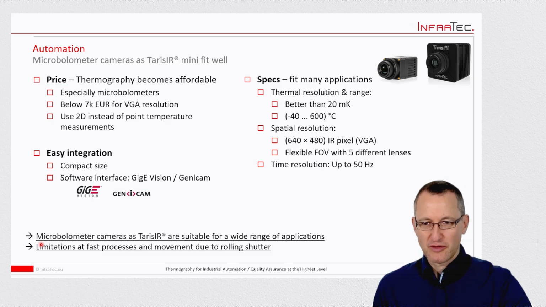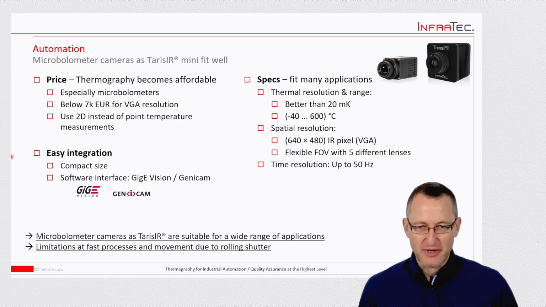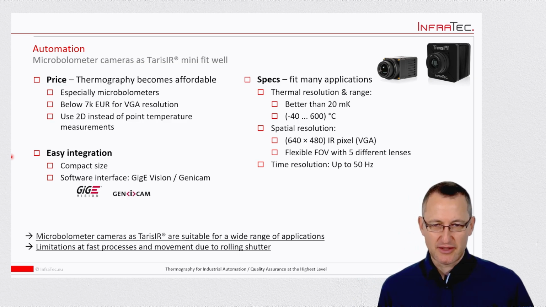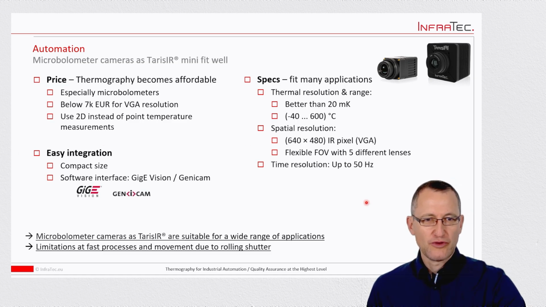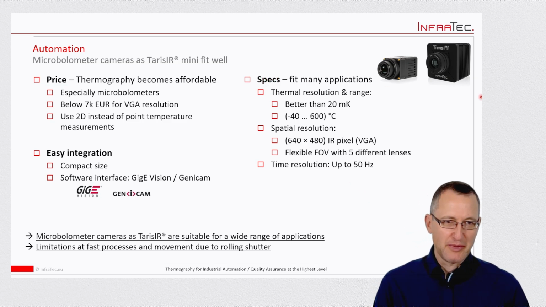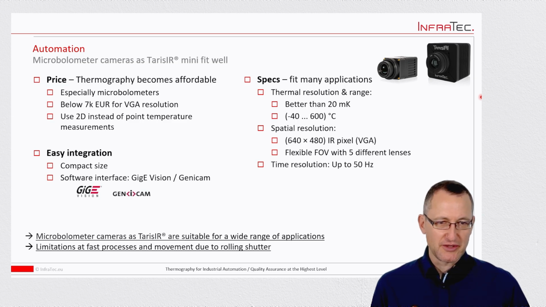So let's move on in terms of integration. This camera has a very compact size. It has standard software, GigE Vision and GenICam. So this allows easy integration in terms of hardware and software. So let's move on to the specs. The specs fit many applications. It has a very good thermal resolution and also a broad temperature range.